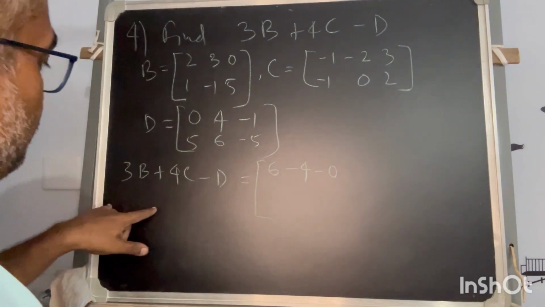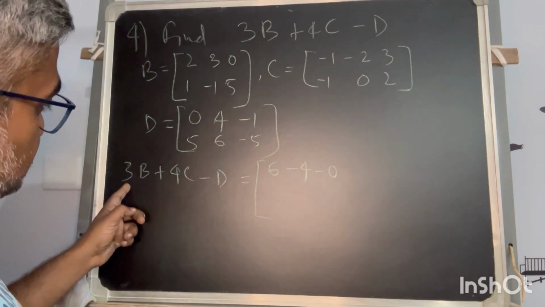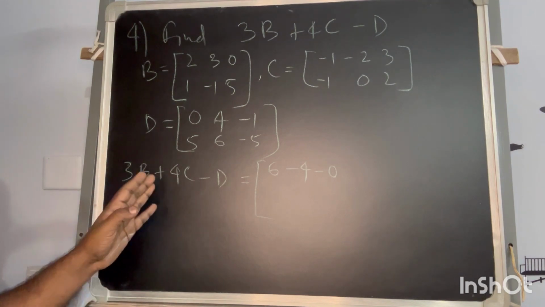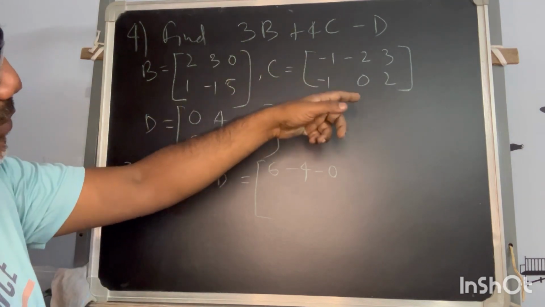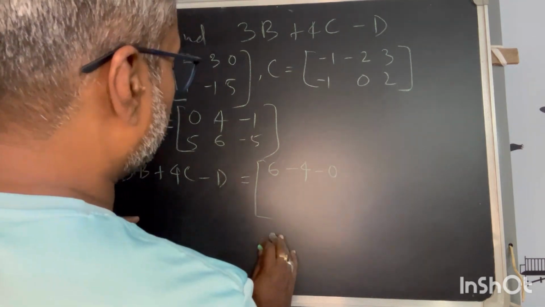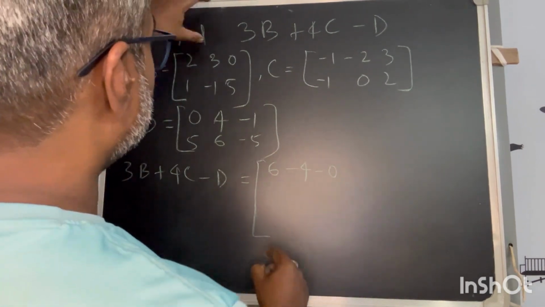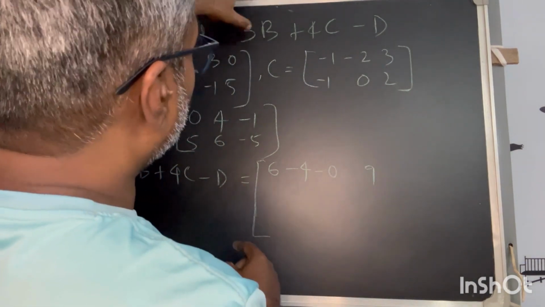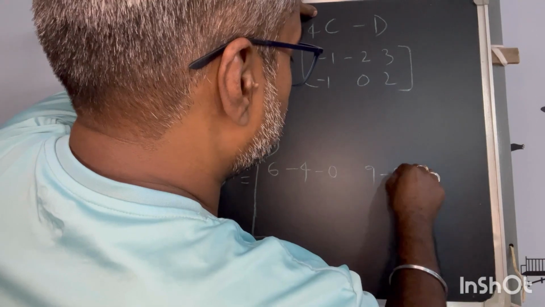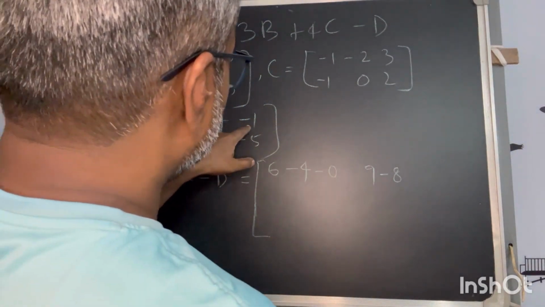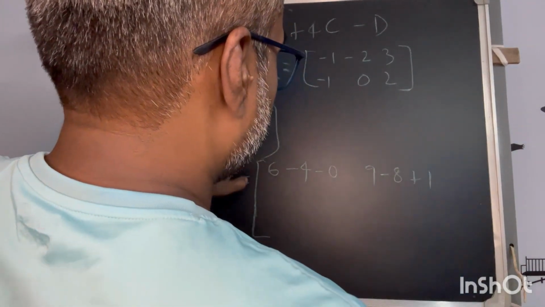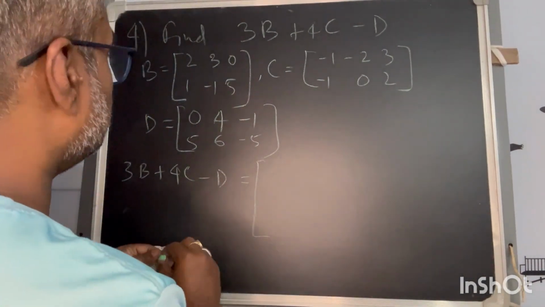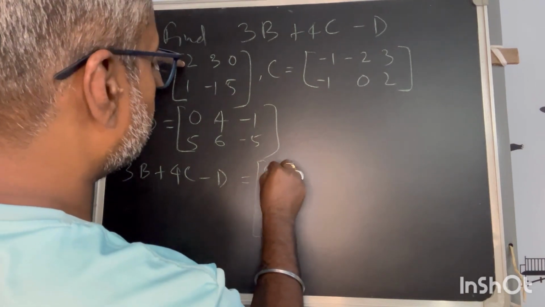Now we'll bring the second, because this computation of 3 and 4 with b and c will happen to all the elements, so you can do it once. For the second term, 3 into b, 3 into 3 is 9, so 9 you can write here. For 4c, this is minus 8, and minus d, d is minus 1, so that means plus 1. Understand? So the first one is 3 into 2, 6.